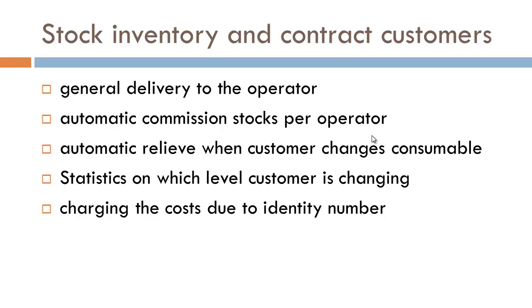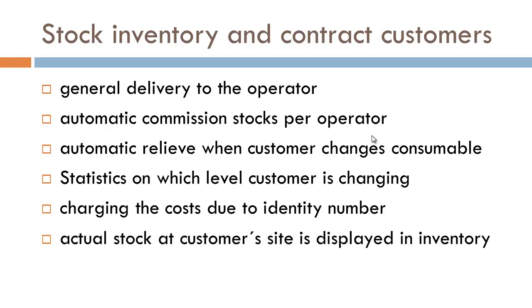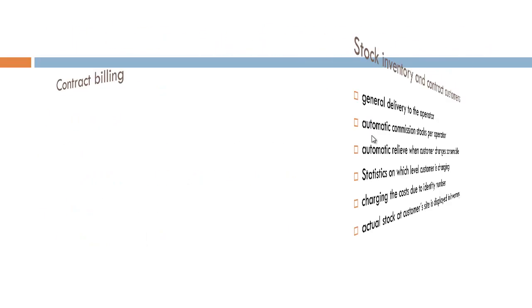So by the customer change of the consumable in the machine, we put the costs of this device directly to the machine, reducing the actual stock of the customer, and this brings you with an easy processing to what everyone wants to have, the customer controlled stock, what is on customer side.